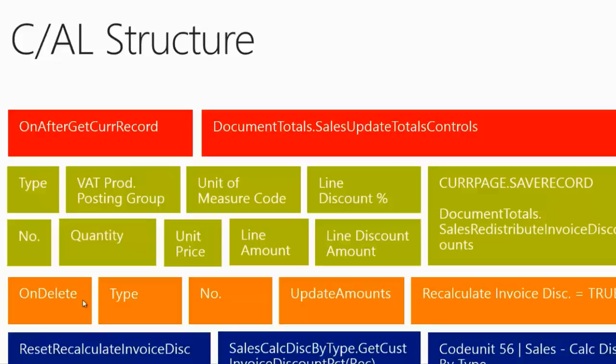This leaves 2 pieces that we have not discussed yet: the sales line calc discount by type get customer invoice discount percentage and the refresh message text.